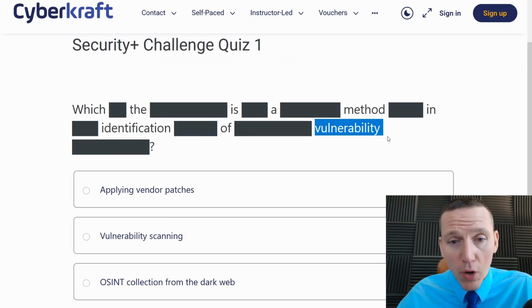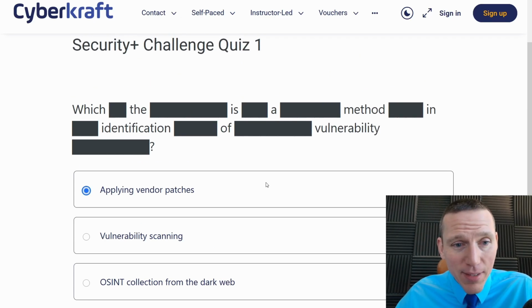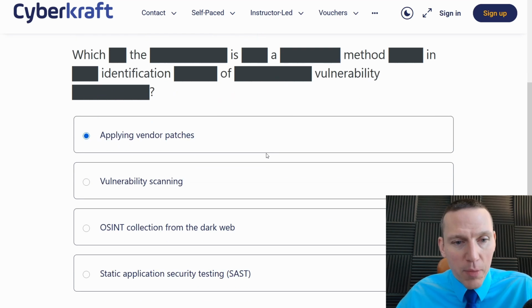Okay, so we're addressing a vulnerability. That's what I got so far. That's a good place to start. I'd say vendor patches. Well, okay, a method in something identification. We're identifying a vulnerability. Maybe vulnerability scanning.